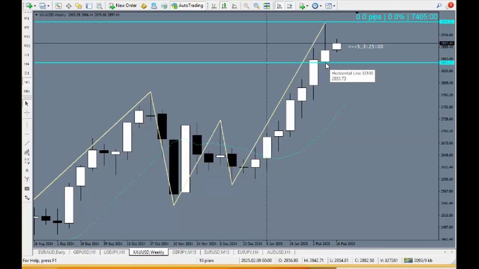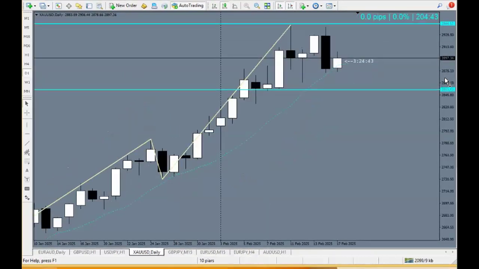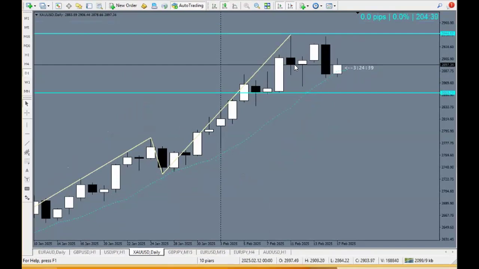So according to this weekly chart, price has been going all the way up, so perhaps we're expecting some more bullishness. Okay, so that's on the weekly chart. Let's go to the daily. Now, on the daily chart, we can see the range that we're in.